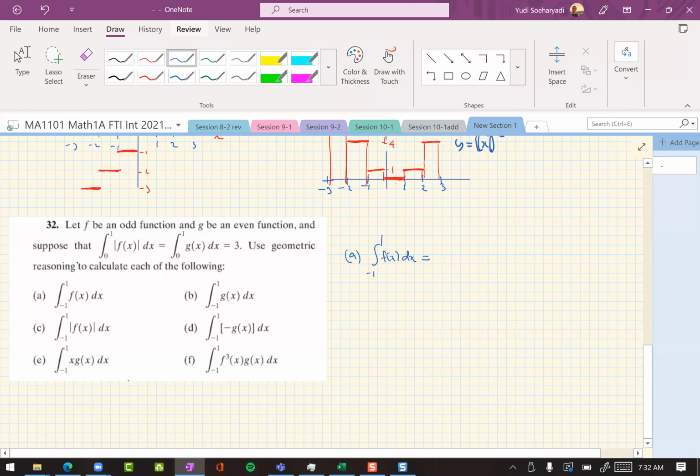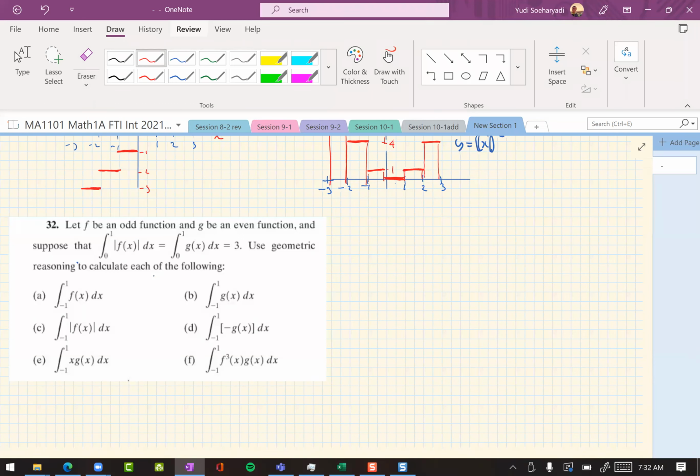I should just think first before this problem.